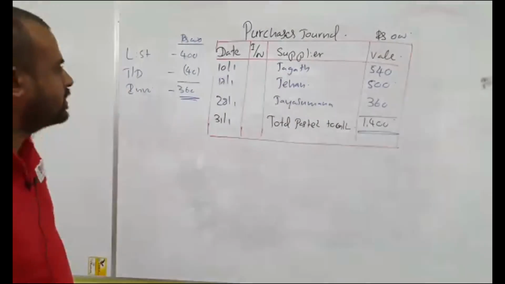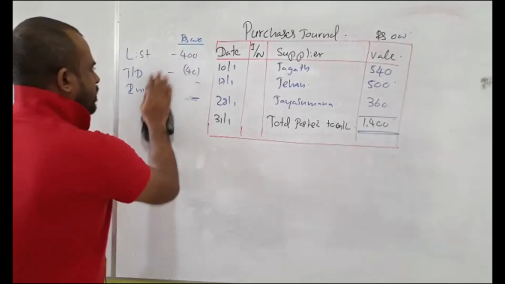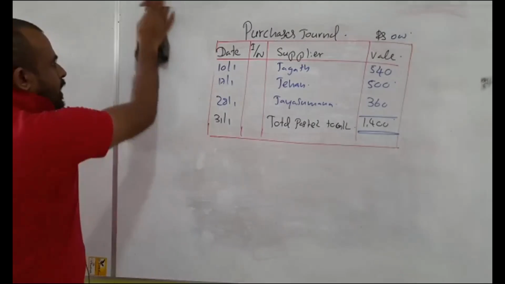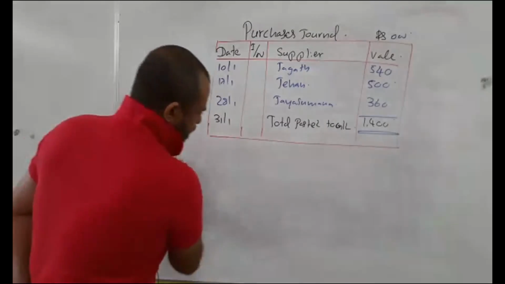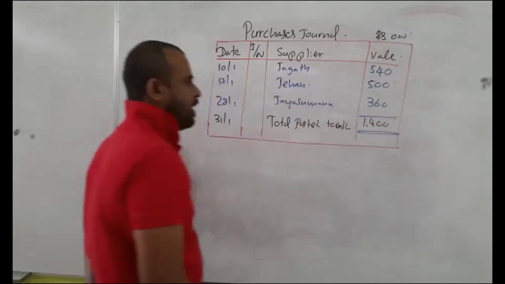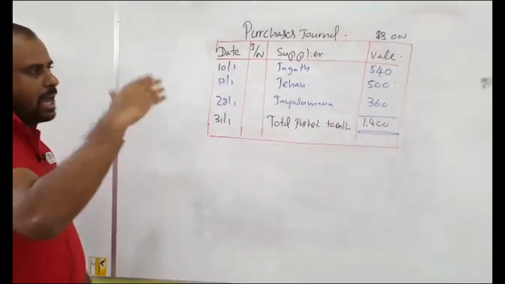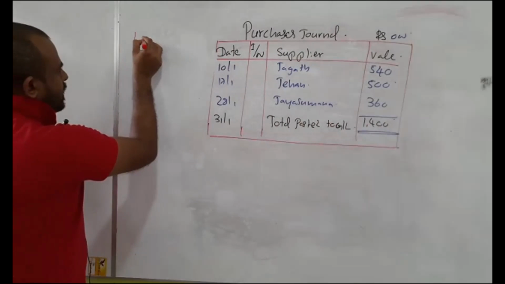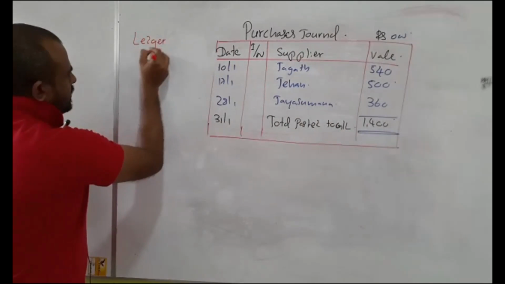Then what are you supposed to do next? After recording every transaction in the journal, it needs to be copied to the ledger. Source document, then you record them in the journal, and from the journal you copy to the ledger. Ledger has two parts.